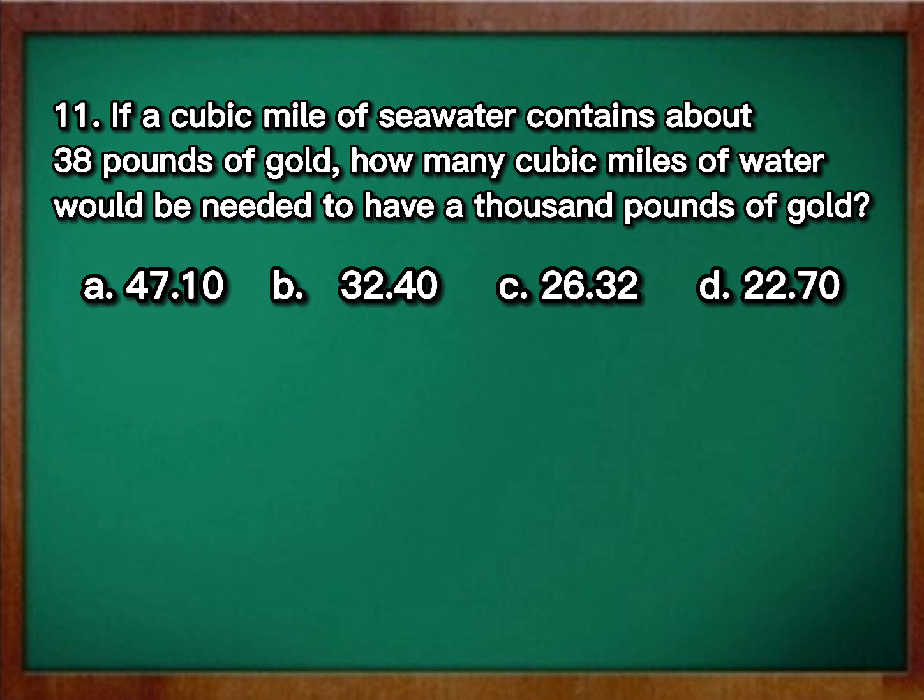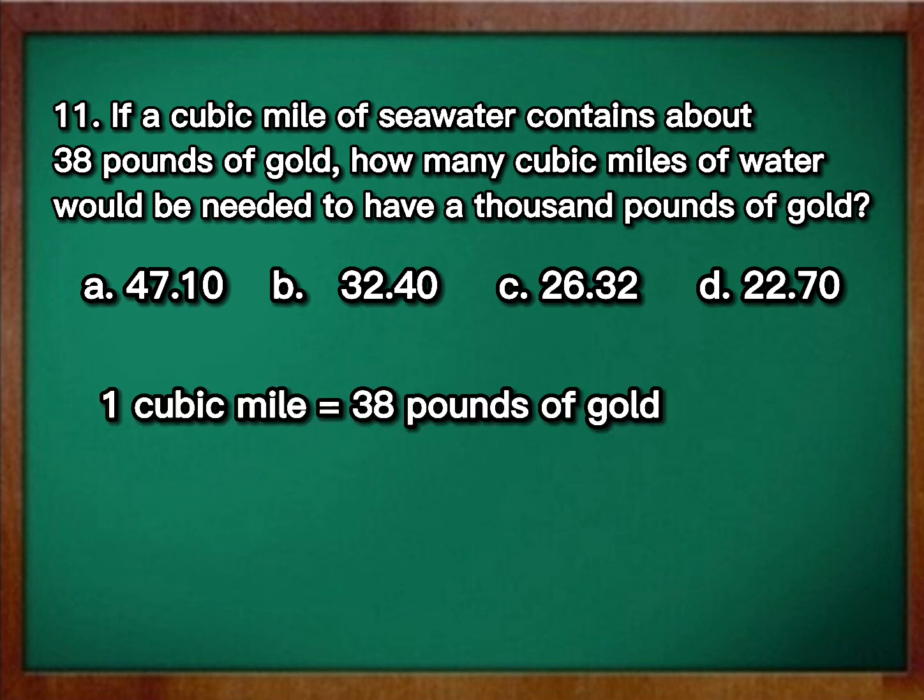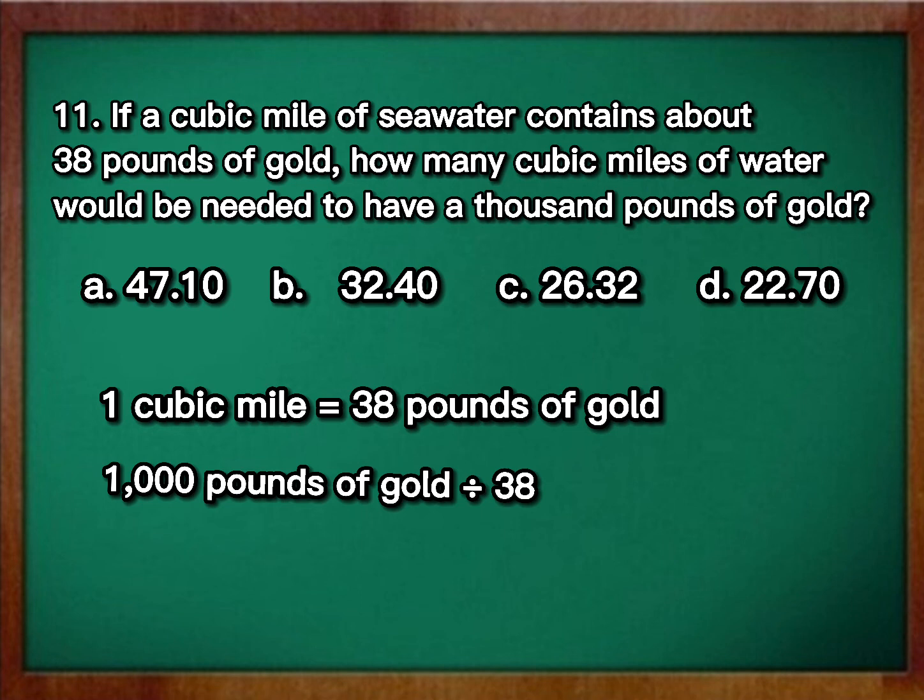It says 1 cubic mile is 38 pounds of gold. So if there is 1,000 pounds of gold, how many cubic miles of seawater would be needed? So you just simply divide 1,000 pounds of gold by 38 pounds.